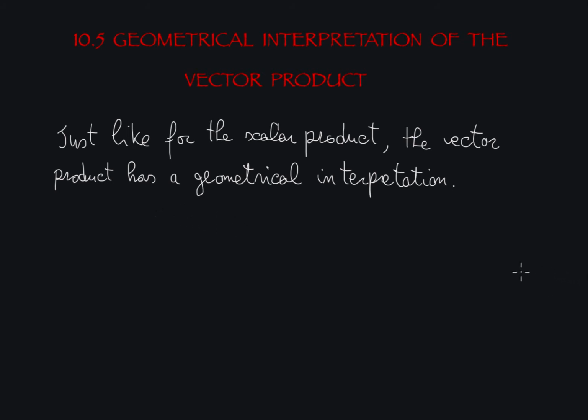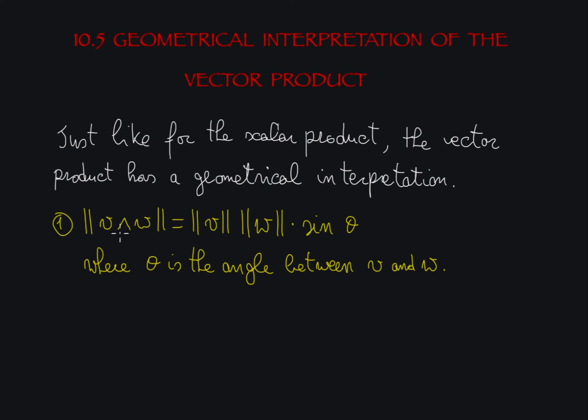Now let's see a couple more geometrical interpretations. The first one is that the length, the norm of the vector product of v times w, equals the norm of v times the norm of w times sine of theta.